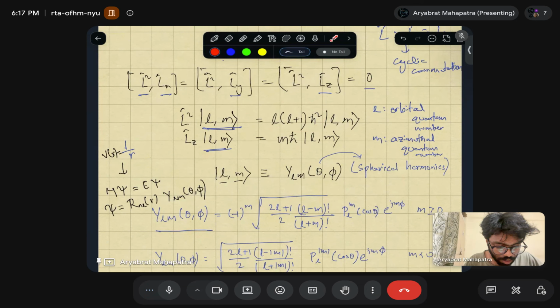The same thing also happens with the Lz operator. If you operate Lz on this spherical harmonics, you will get the same thing back again with a scale factor, which is basically your eigenvalue.